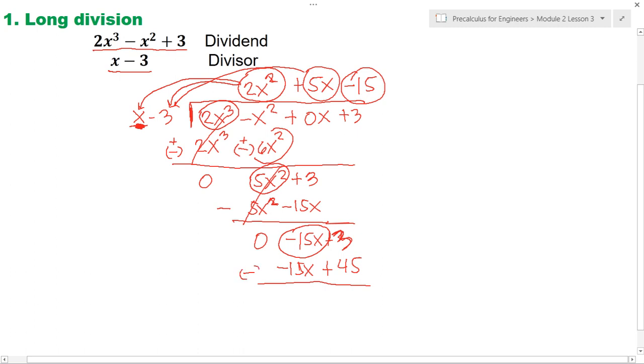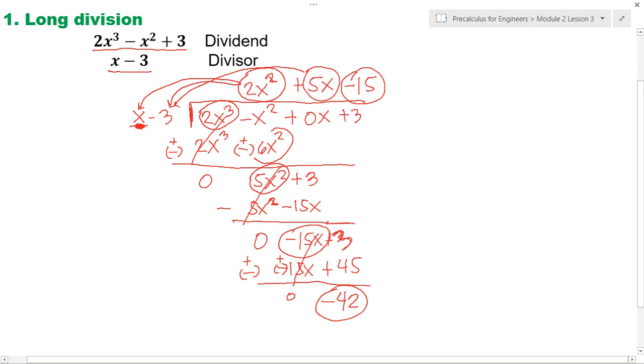Kasi if we change it to positive, so negative 15x plus 15x, 0. How about this? 3 minus 45. So, magiging negative 42. So, nakuha ra. So, therefore, this would be our remainder.